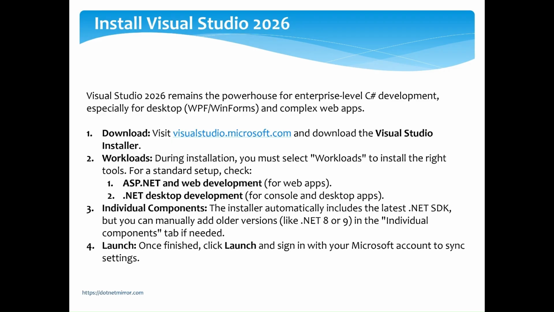If you are looking for console and desktop based applications, you can select .NET Desktop Development, and also you can select other individual components. I will show you in the demo. Once you are done with Visual Studio, click on the launch button so that you can start creating your web APIs. And when you are installing .NET 10, if you are looking for .NET 8 or 9 in Visual Studio, you can select those options as well in the individual components.